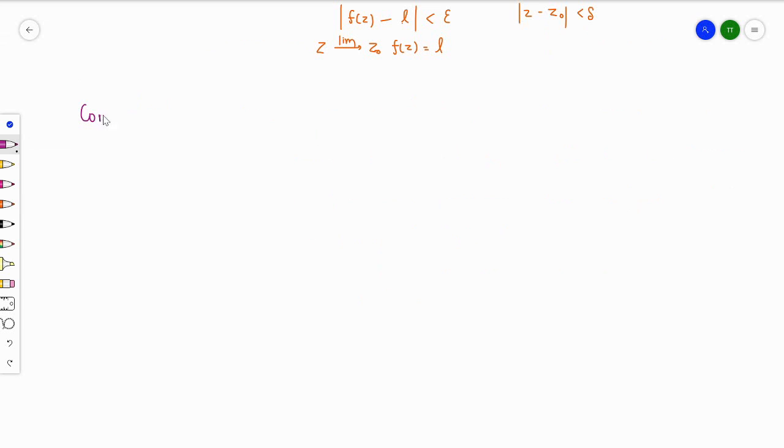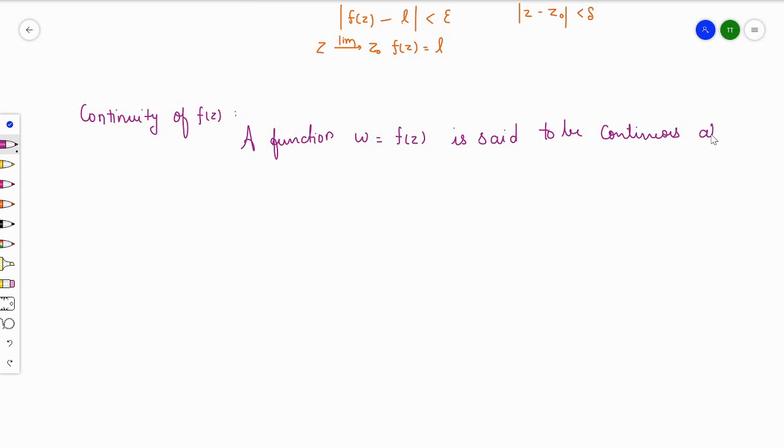Next definition, continuity of f of z. A function w which is equal to a function of z is said to be continuous at z equal to z0 if limit z tends to z0 of f of z is equal to f of z0.